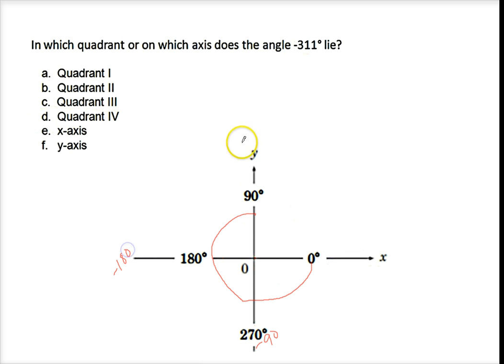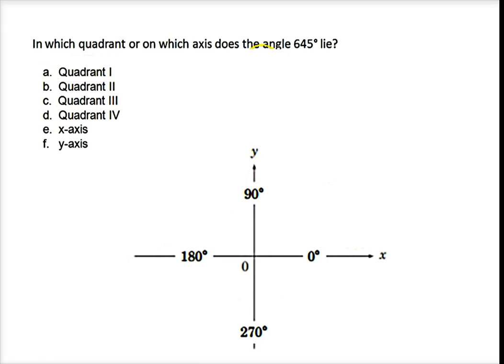We're just going in the opposite direction and going 90 degrees every time. It's not going to make it to negative 360. So again, it's going to stop short of a full circle, but when we do negative 311, since it's going clockwise, we stop here in quadrant 1. Okay, so that positive or negative in front makes a big difference with our angles.